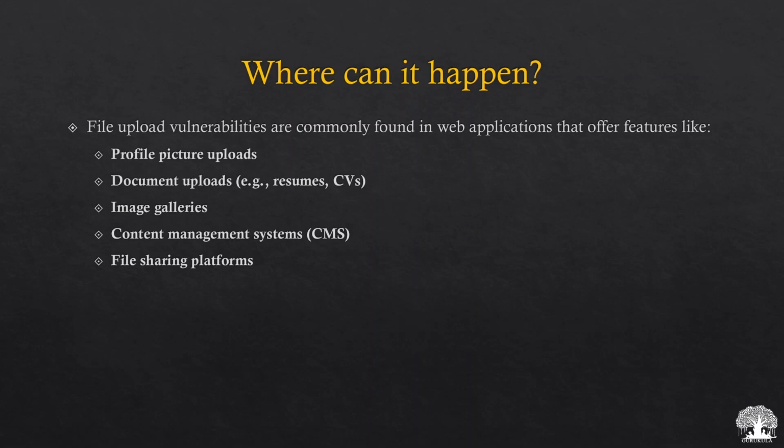Also in image galleries like Instagram, Facebook, Pinterest, where you can upload your images; in content management systems like LMS portals, wherever you can upload videos or documents; and file sharing platforms like Google Drive.